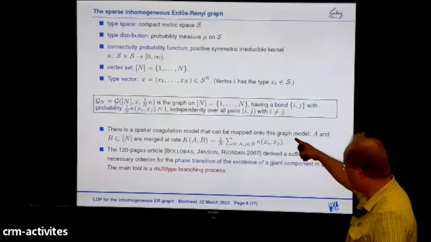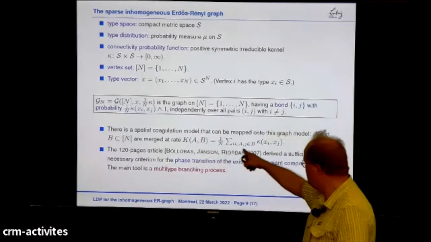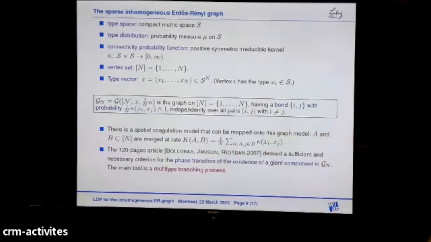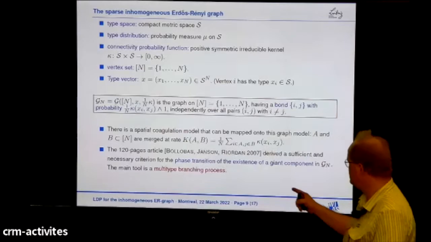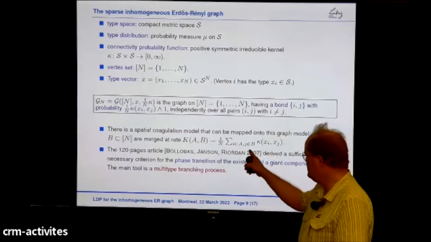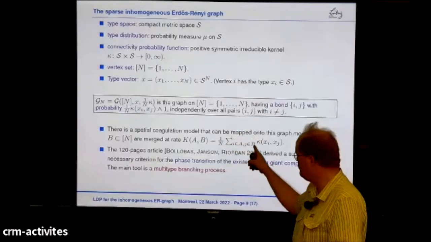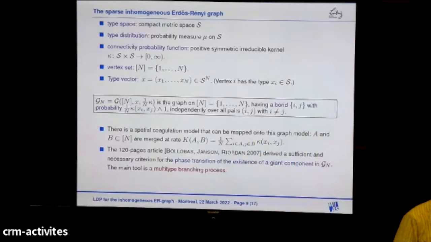Yeah, by the way, also the following: if you go to this kernel now and want to see the process as a coagulation process, then you can also do it like that. It is something like a product kernel. So here you sum over all pairs. This gives you, so to speak, the product form in the size of the particles.